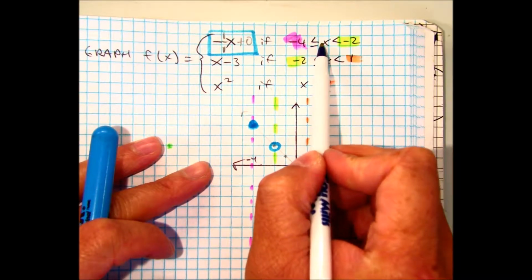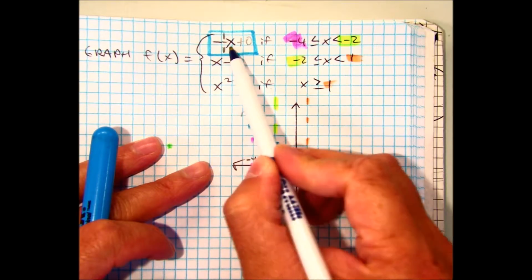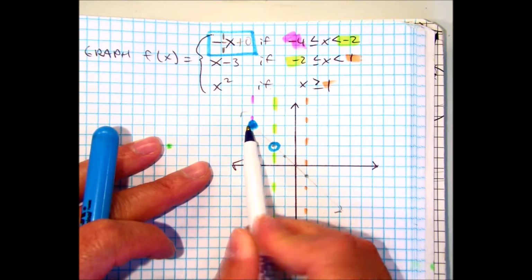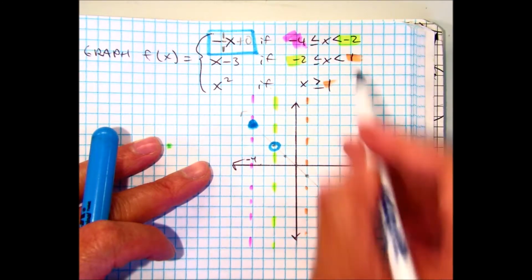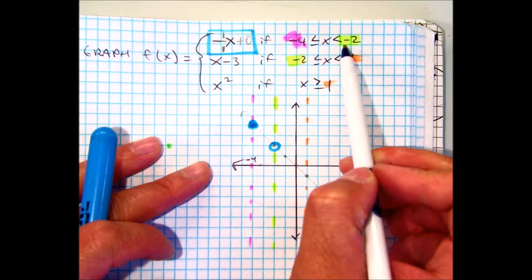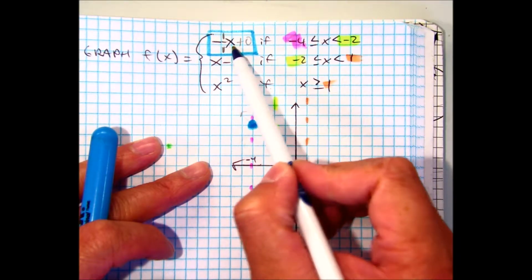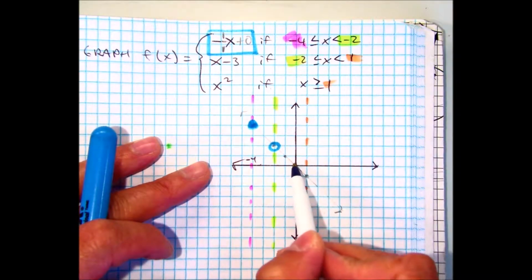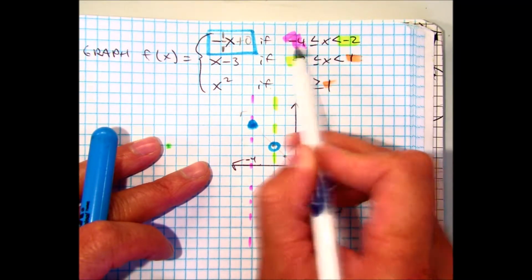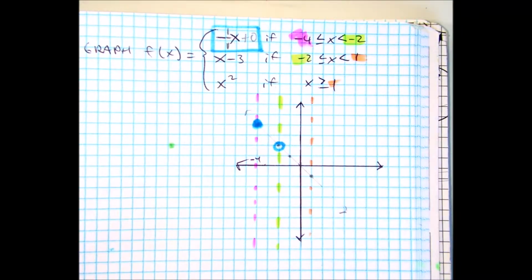Does that make sense? What's the opposite of -4? +4. It just gives you that ordered pair. This one over here, where it crosses at -2, what's the opposite of -2? So the ordered pair is (-2, 2). Okay. And I just want to graph between -4 and -2. So let's go ahead and connect.